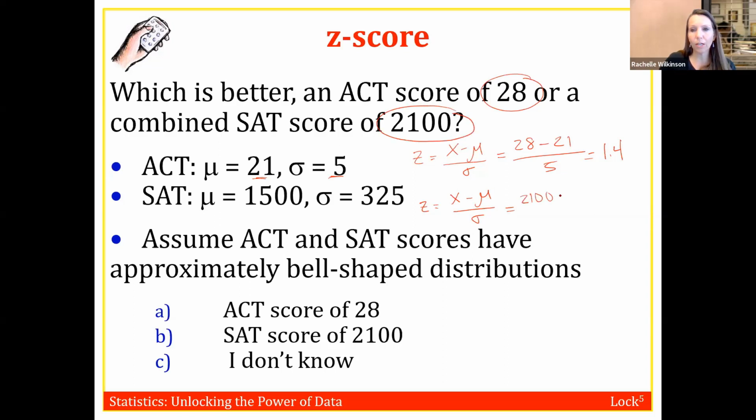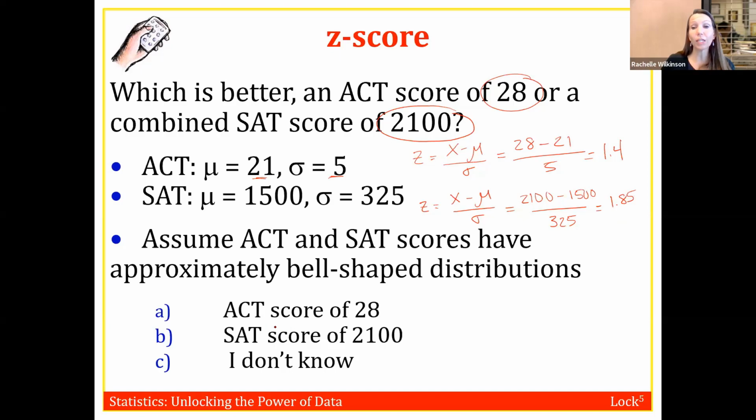So I take 2100 minus the mean for the SAT, which was 1500, divided by the standard deviation, which is 325. 2100 minus 1500 gives me 600, and 600 divided by 325 gives me 1.85, rounded. So for the ACT my Z-score was 1.4, and for the SAT my Z-score was 1.85.